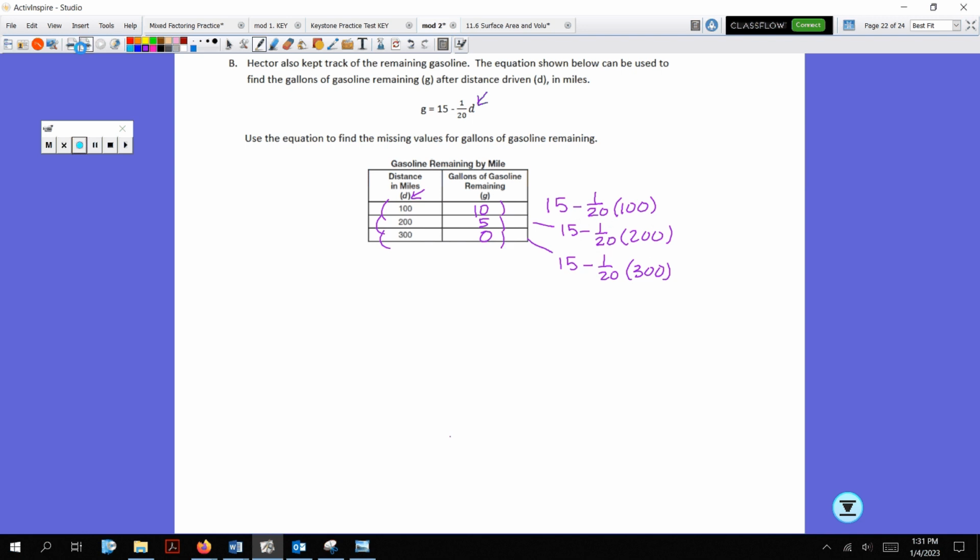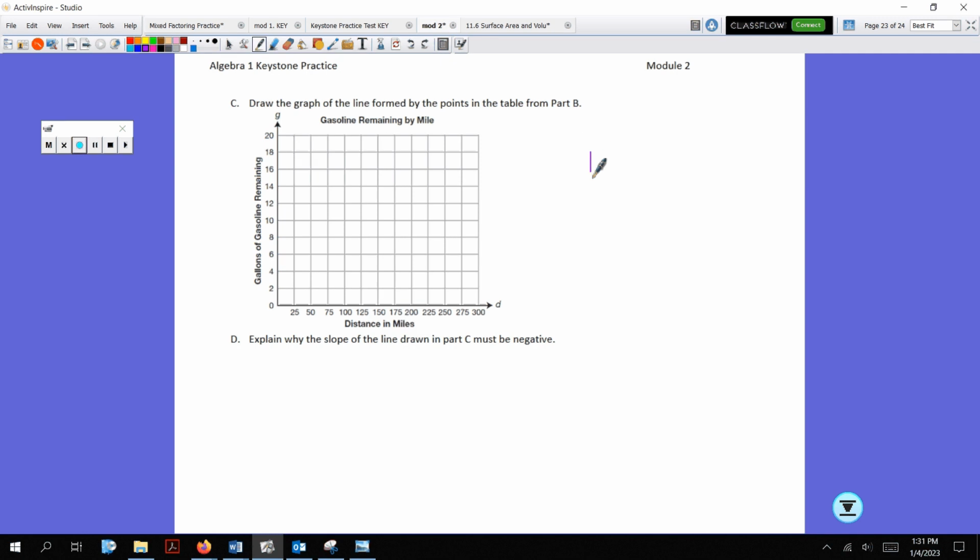So my ordered pairs, just to remind you, were 100, 10, 200, 5, and 300, 0. So let's start with the first one: 100, 10, 200, 5, and 300, 0.